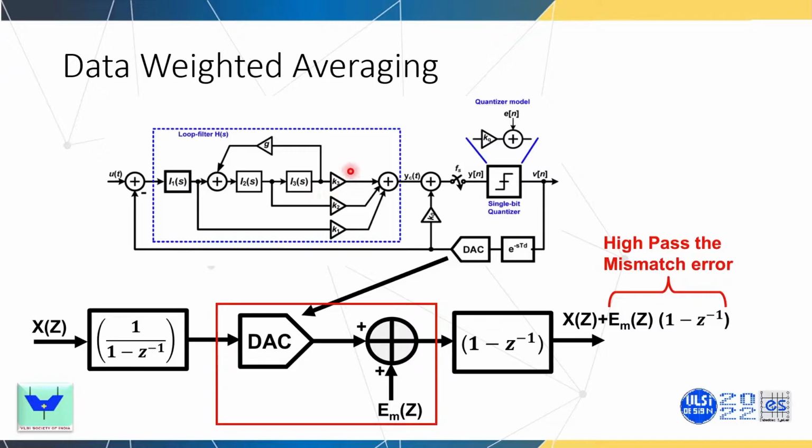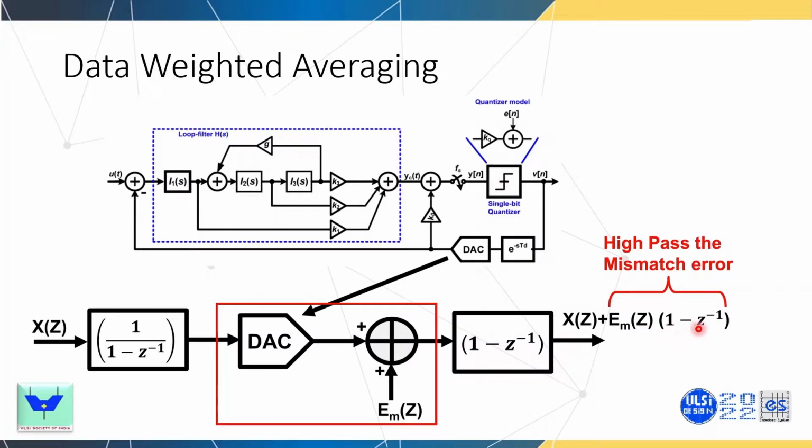One of the techniques is the data weighted averaging technique. So this is the modulator, the quantizer, and the output going to the DAC. The DAC here is modeled as the ideal DAC plus a non-ideal one. When we talk about first order DWA, it is barrel shifting in digital, and it basically high passes the DAC mismatch error.